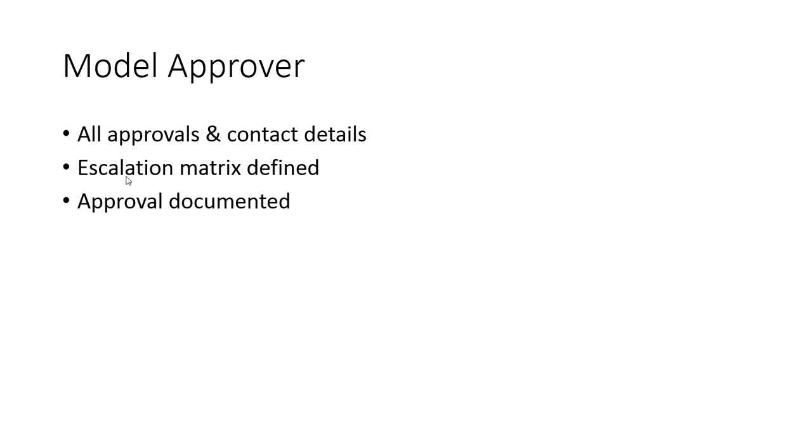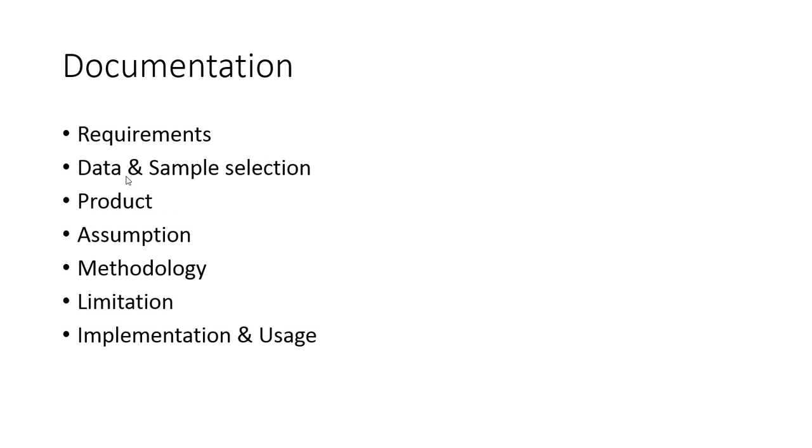An escalation matrix should be there, so that if somebody is not available, it can be escalated to his senior. An approval document is also important, wherein you put all the communication that has happened between the approver and the developer and validator.